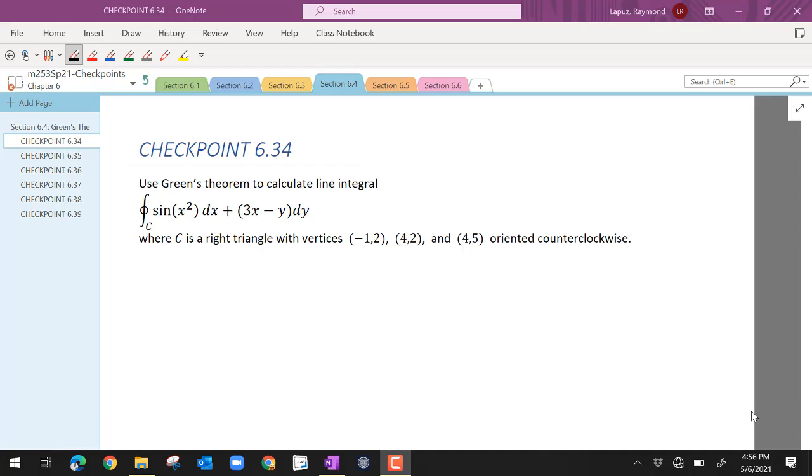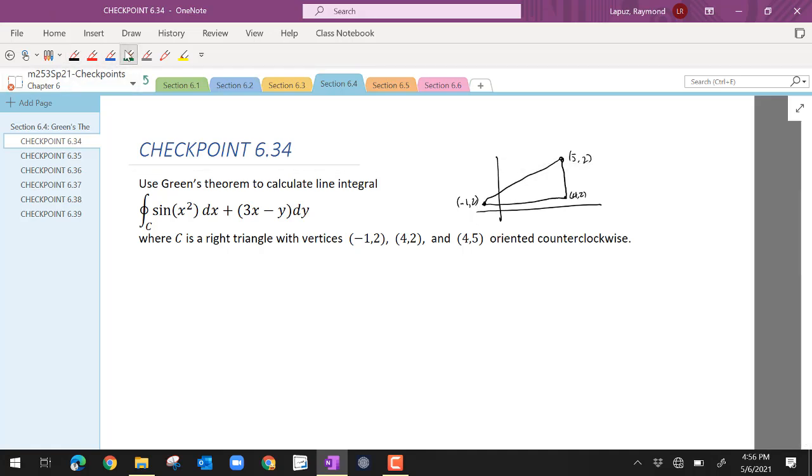Let's figure out how that looks. (-1, 2) would probably be somewhere over here in the third quadrant. We're going to go to (4, 2) in the first quadrant, and then we go up to (4, 5) and back down again.